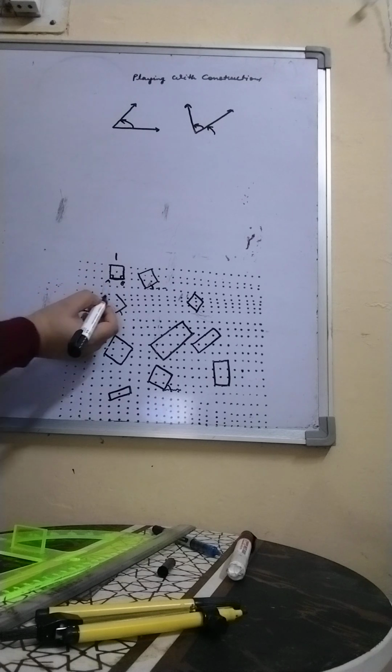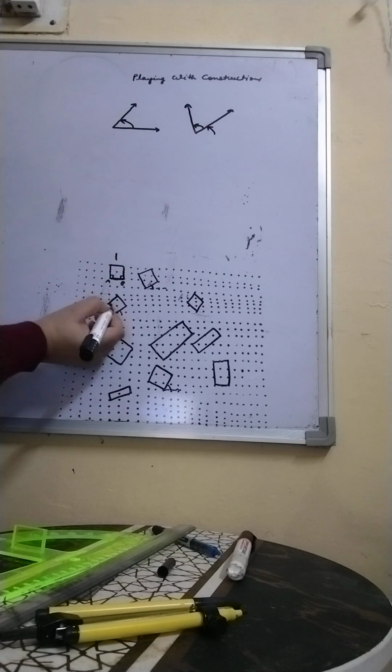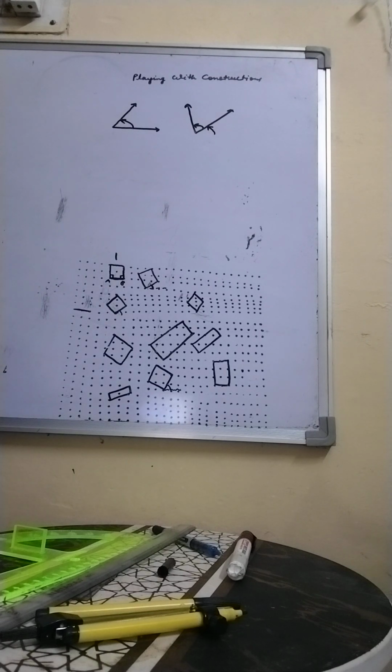Now I will join, leaving one line, I will join the next, leaving one line, I will join the next, like this. So you get the square.